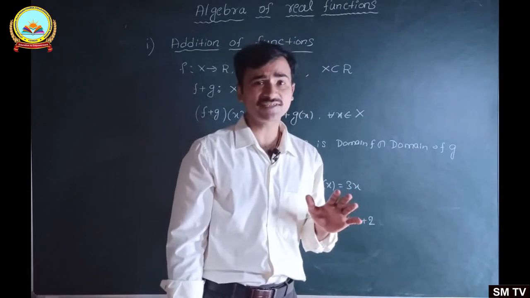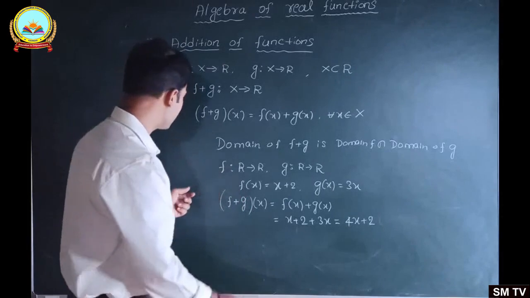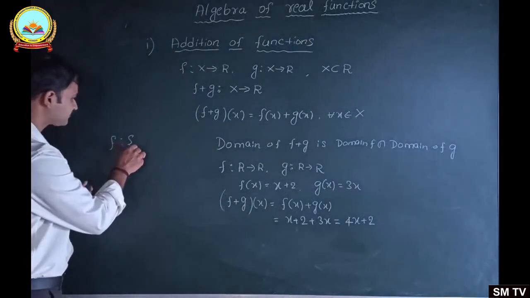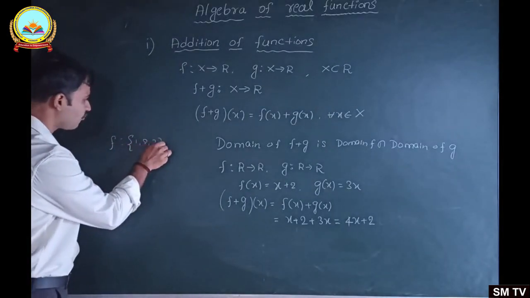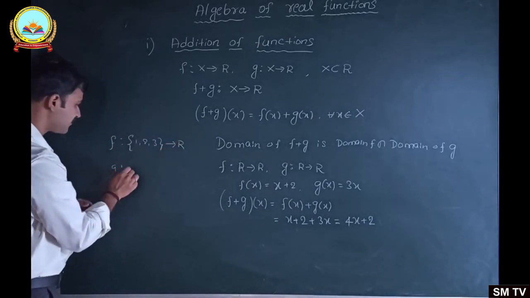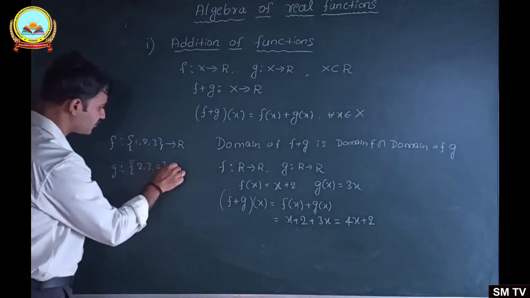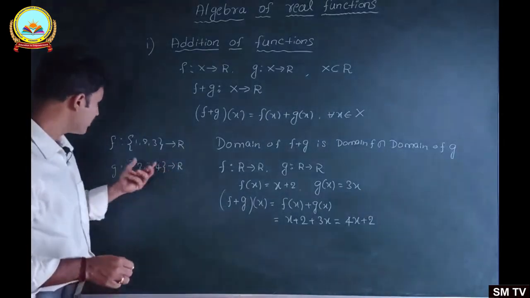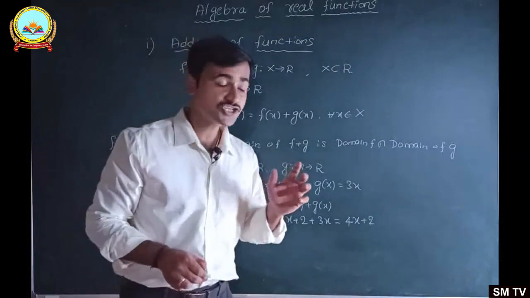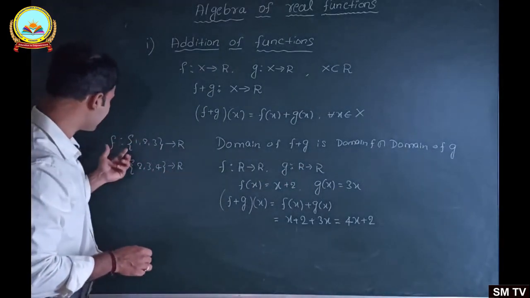Intersection will be the common domain, because if you have different elements you cannot add them. For example, suppose the domain of f is 1, 2, 3, so f is from {1, 2, 3} to R, and g is a function from {2, 3, 4} to R. Then we cannot find (f plus g)(1), because the function g is not defined at 1.